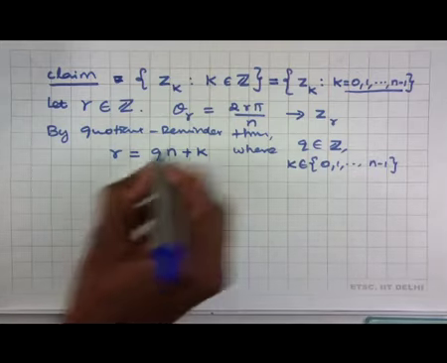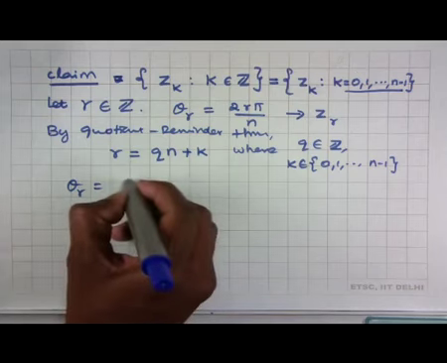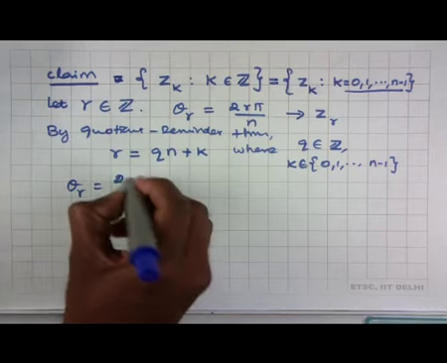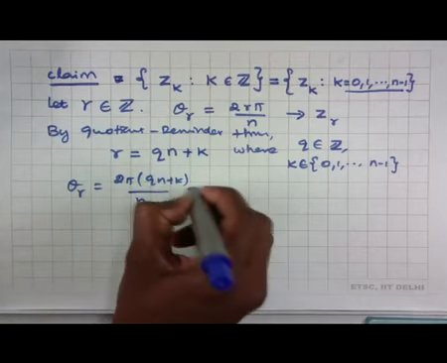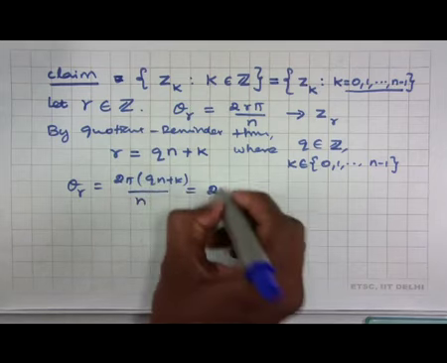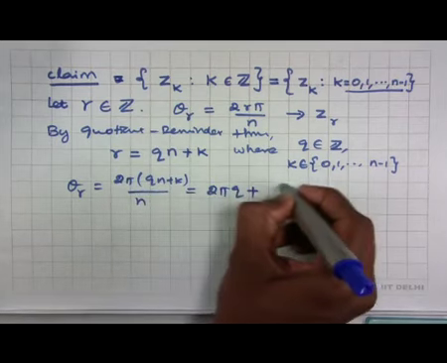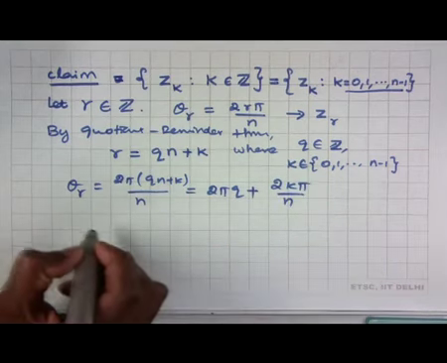So now just apply this: theta r is 2 pi (qn plus k) by n. So the first factor we observe is that it is 2 pi q plus 2 k pi by n.